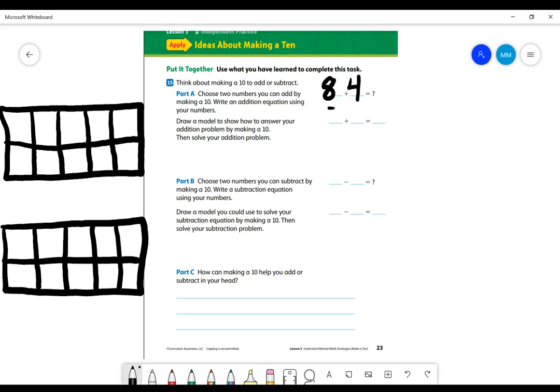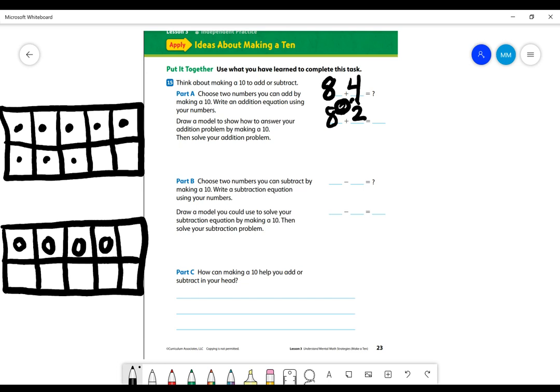I'm going to take 8 down because I know I can break 4 into a doubles fact, and that is 2 plus 2. I'm going to circle this 2. And I'm going to come over here and draw 8: 1, 2, 3, 4, 5, 6, 7, 8. And then I'm going to put my 4 down here.